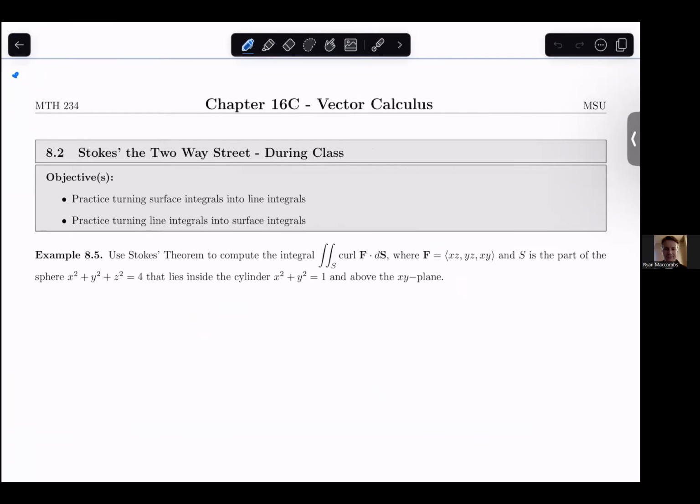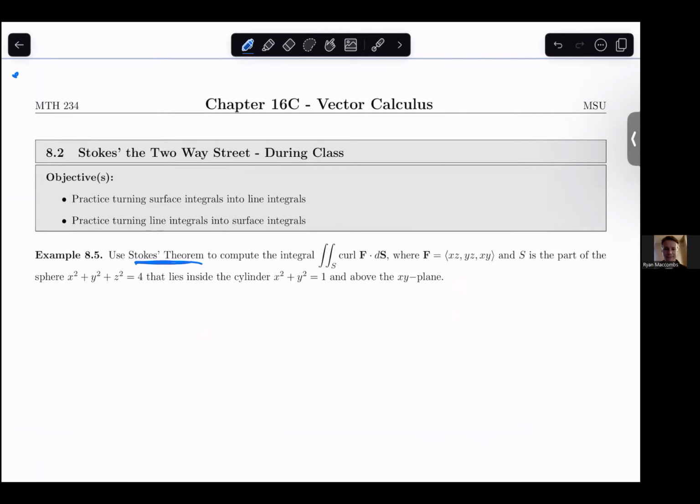So like I've labeled this, this is Stokes, the two-way street, that really you do sometimes want to trade in a surface integral for a line integral, but we'll see that there are also cases where you want to turn in your line integral for a surface integral. Either way, when a problem says to use Stokes' theorem, you need to trade in what you have for the other side of the equal sign.